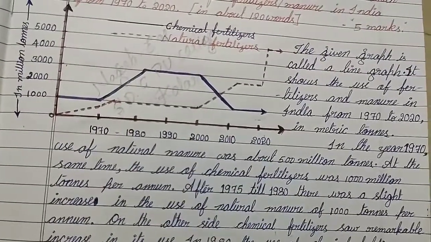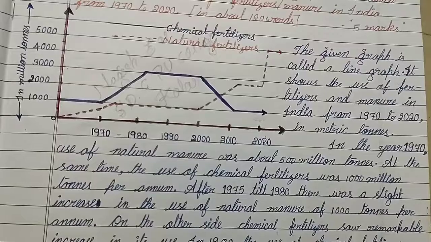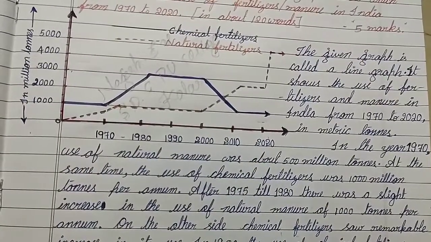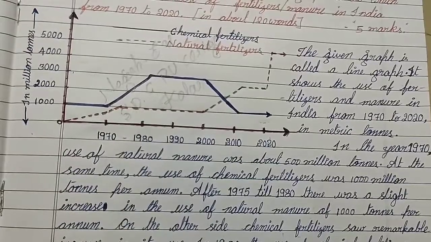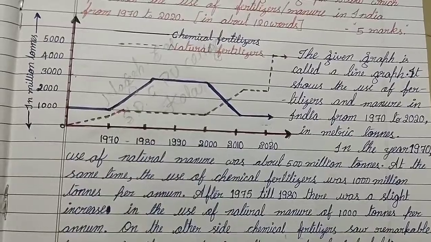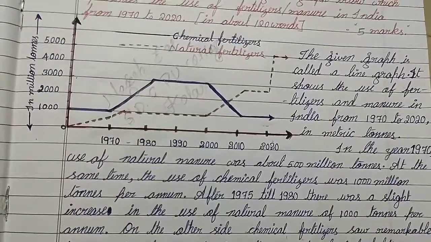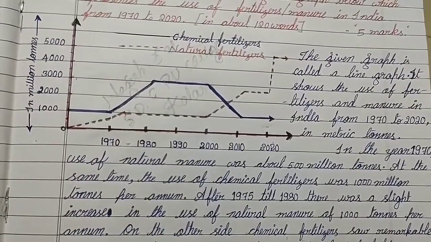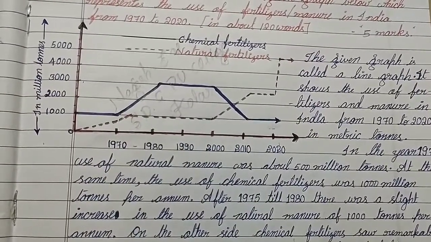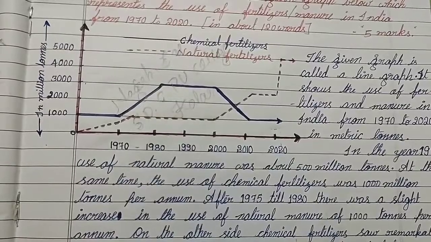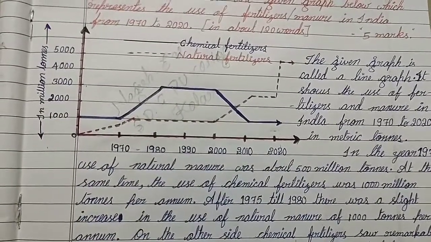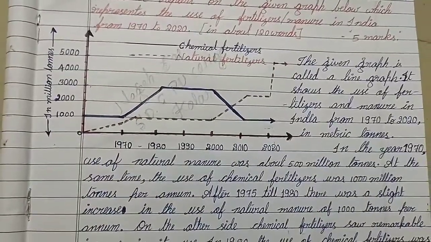In the year 1970, the use of natural manure was just 500 million tons. At the same time, the use of chemical fertilizers was 1000 million tons per annum. After 1975 till 1980, there was a slight increase in the use of natural manure, up to 1000 tons per annum.